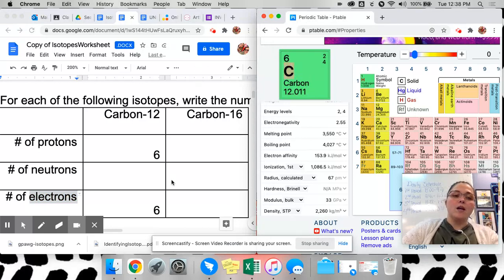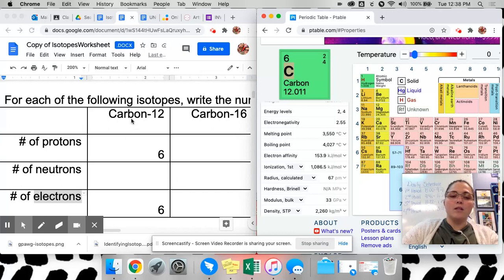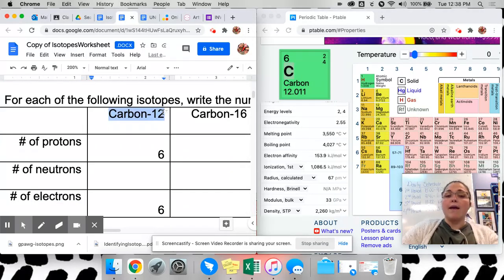For carbon-12, we have a mass number of 12 because that's what it tells us in the name. To find the number of neutrons, I'm going to do MAN, M-A-N: mass minus atomic equals neutrons.